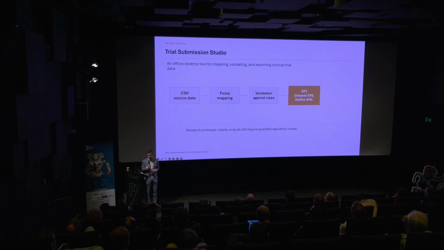So I started first with the initial prototype with ingesting data. Ingesting CSV and then lazy fuzzy mapping the columns, because most of the time the columns represent almost the same column names as the standard from CDISC.